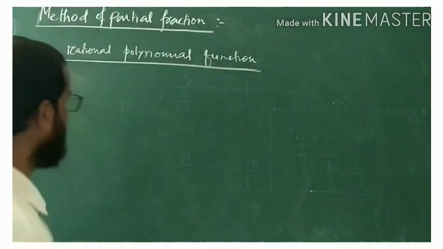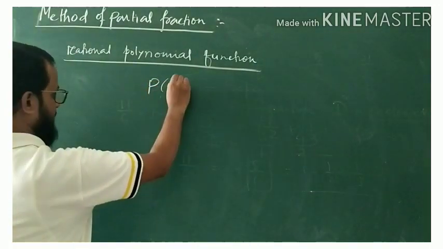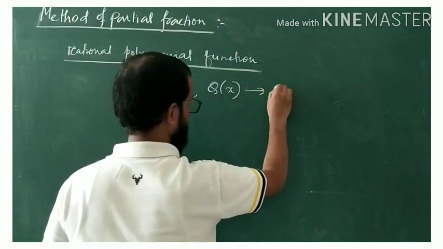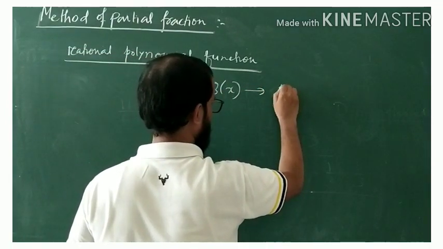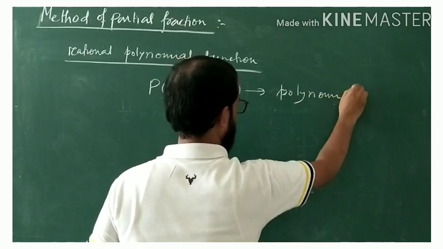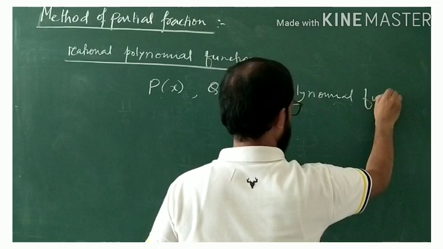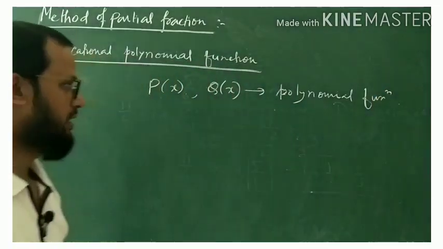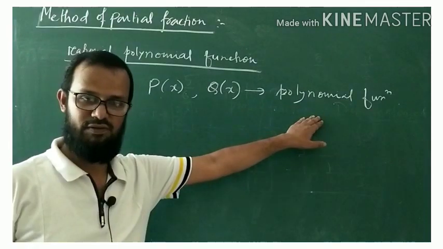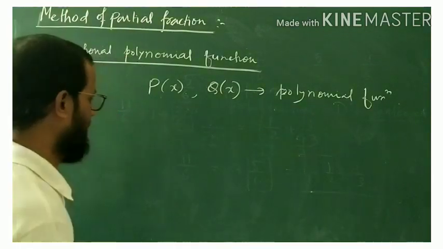Suppose P(x) and Q(x) are polynomial functions. Both are polynomial functions. You already know what a polynomial function is.